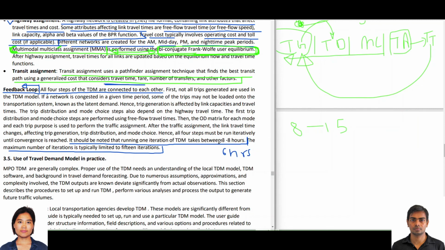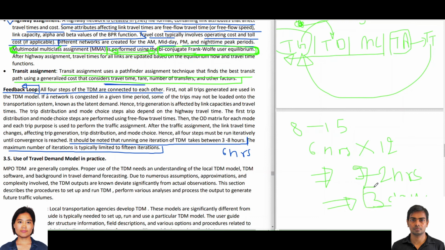So if a travel demand model for one feedback loop is taking 6 hours, and let's say on average the number of iterations is 12, then we can calculate how many days it will take to run the entire model. 72 hours, which is equal to 3 days. 3 days is a typical number of days that a travel demand model takes for a full run.